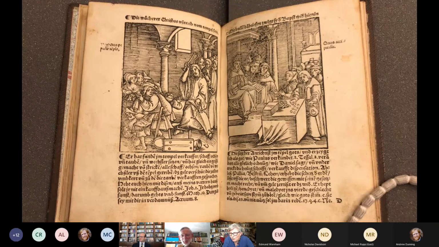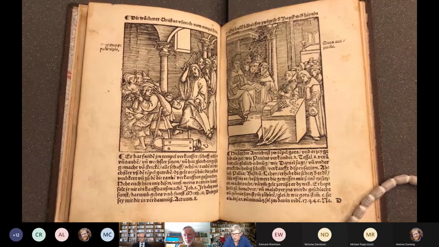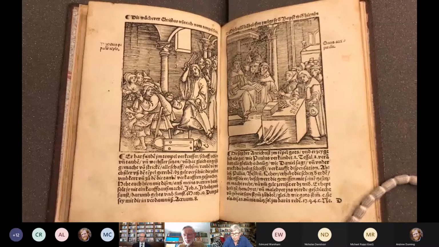You might remember that Christ was driving out the moneylenders from left to right, as should be the case for any good person, because all good actions normally happen like on a stage from left to right, while the Pope should be the baddie sitting on the right-hand side, speaking to the left. But both of these woodcuts are mirrored, which is the sign of a cheap pirating operation, copying from an existing printed version of the book.